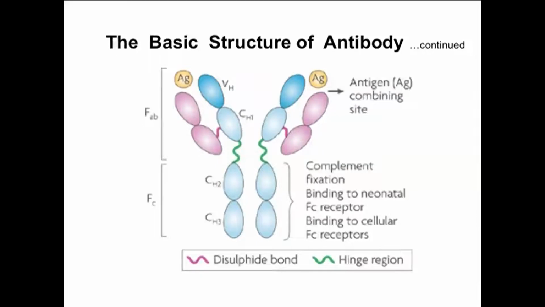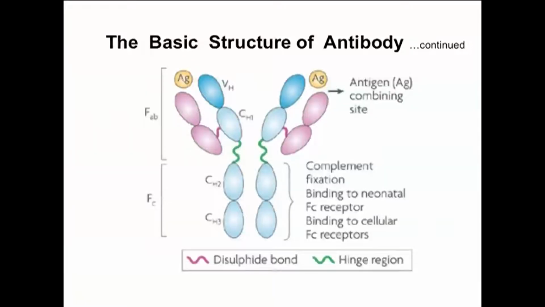CH stands for constant region of the heavy chain, and antigen binding by this antibody takes place at the tip of the Y-shaped molecule, where the variable regions of the heavy chain and the variable region of the light chain are present. In this diagram, you can see there is a hinge region shown in green.